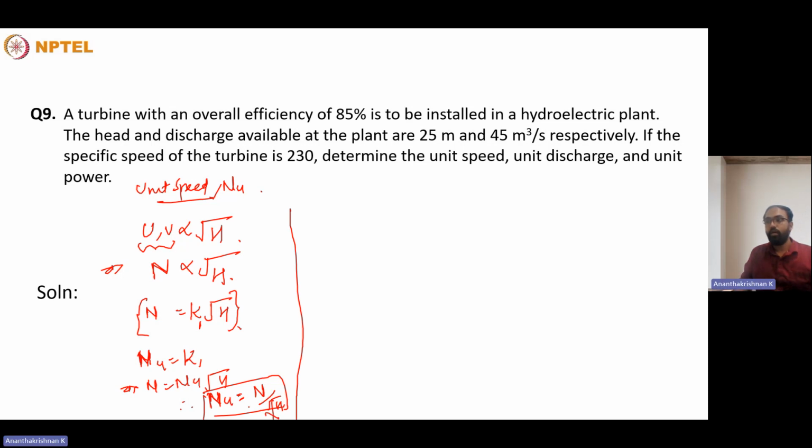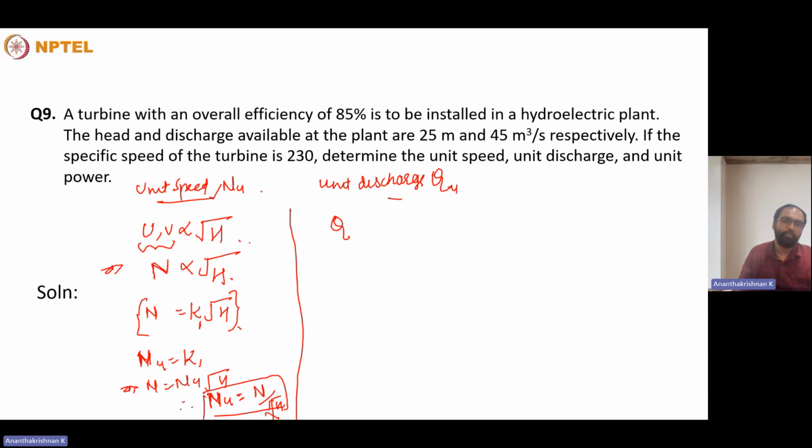Similarly, for the unit discharge, Qu, we can write Q is equal to area times velocity.